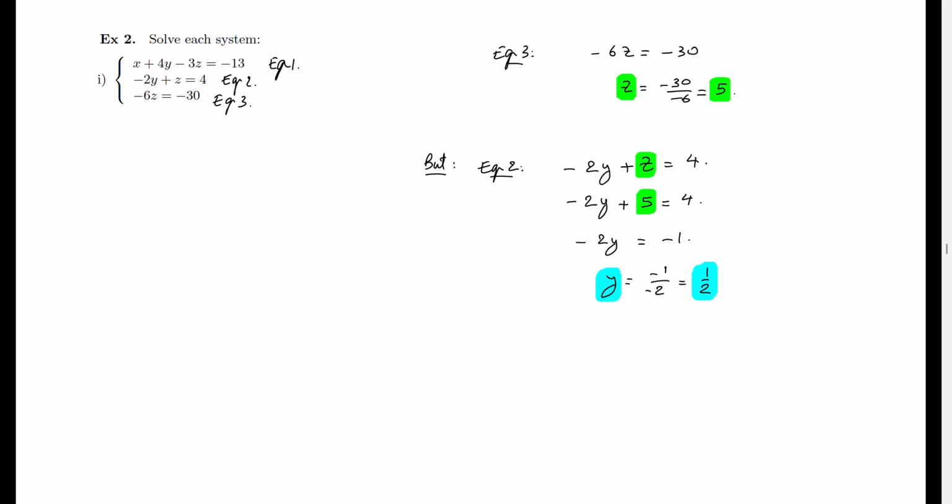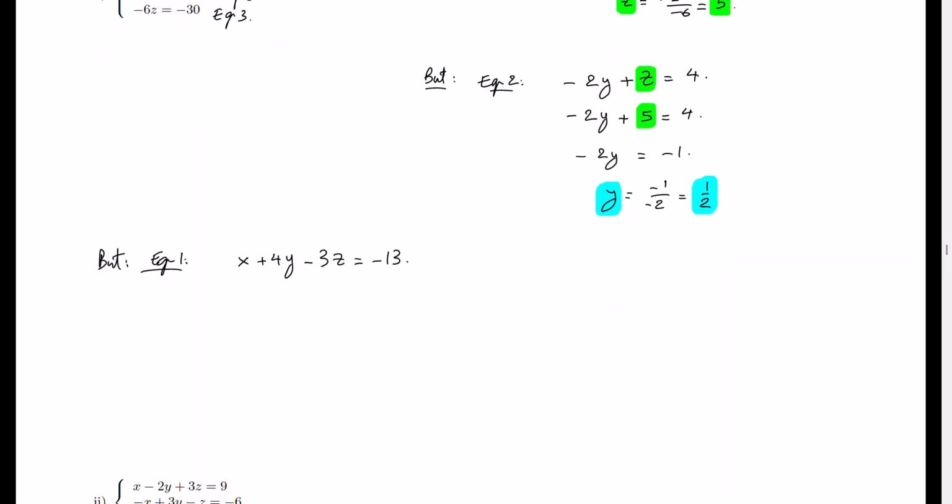It remains to find what x is, and for that we'll need another equation that has the letters x and y, or x and z, or x, y, and z. We can see that equation 1 has all three variables. Equation 1 is x plus 4y minus 3z equals negative 13.